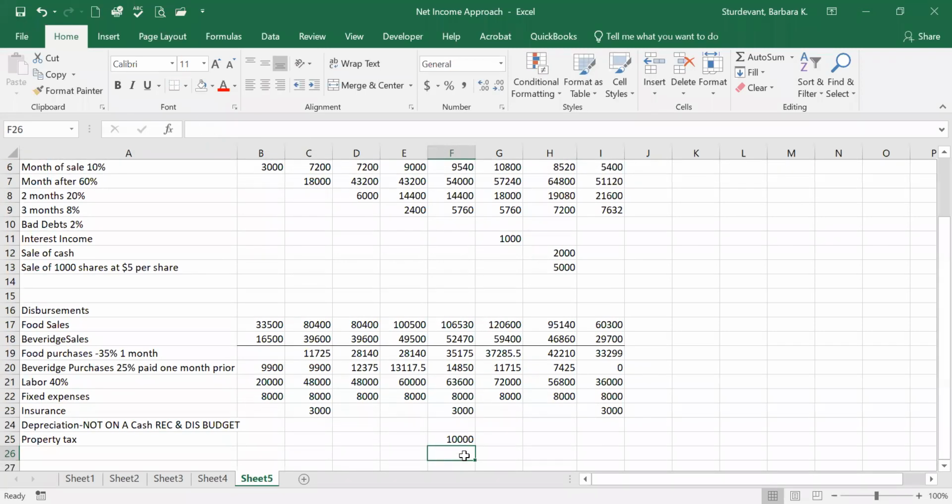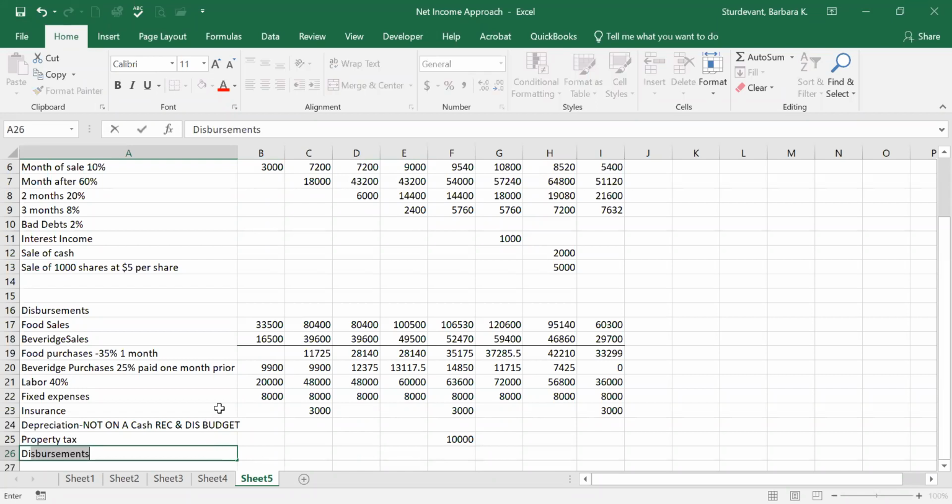Board of Directors wants to pay a dividend in July of 25 cents per share, and they have 20,000 shares.